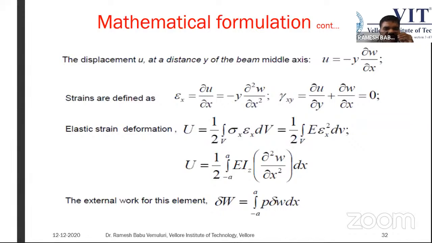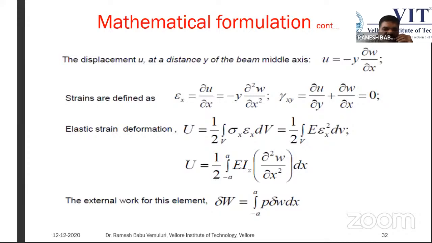A Bernoulli beam definitely will have gamma xy, the shear, equal to 0. So in this case we can find these energies very easily, and there will be a very limited number of equations.